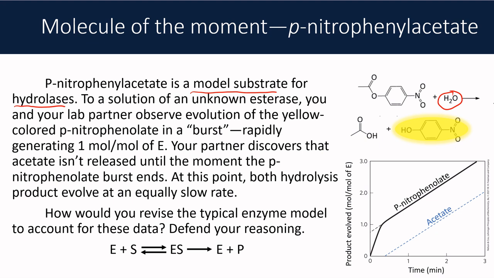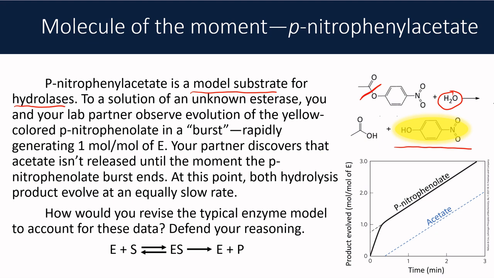And the bond that we split in our model substrate is going to be this ester. Para-nitrophenyl acetate is very convenient for studying reaction rates because when we cleave apart this ester, we're going to release a yellow-colored para-nitrophenolate compound, which we can detect through absorbance spectroscopy.